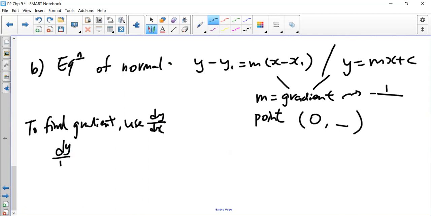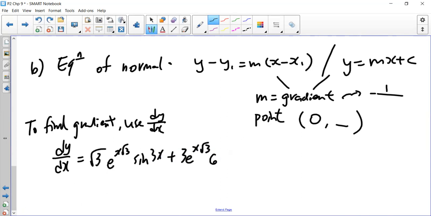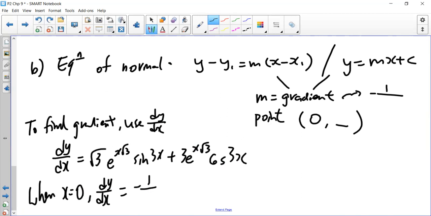So dy by dx, I'm going to rewrite the derivative again, is root 3 e to the power of x root 3 sine 3x, plus 3 e to the power of x root 3 cos 3x. So when x equals 0, you sub it in here, in there, you should get minus a third, if I'm not mistaken.